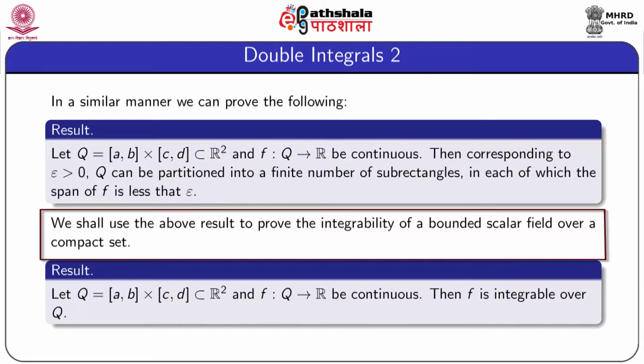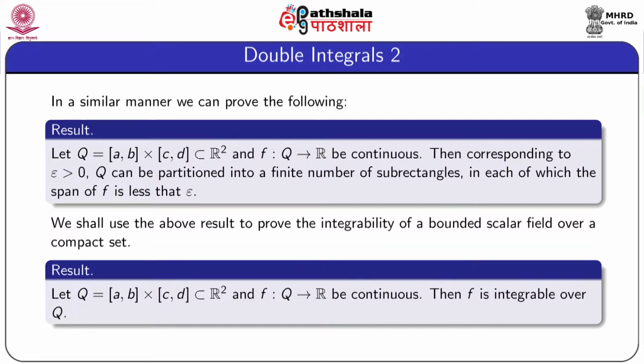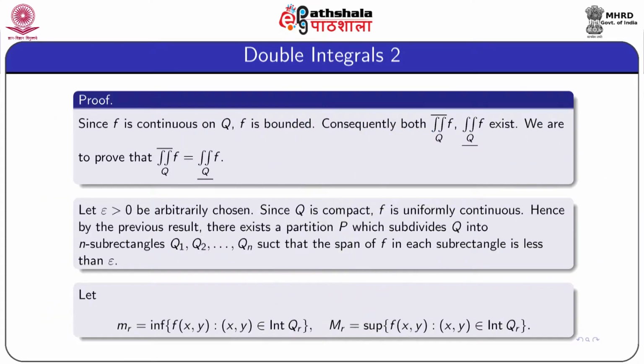We shall use the above result to prove the integrability of a bounded scalar field over a compact set. Let Q equal to [A,B] Cartesian product [C,D] and F from Q to R be continuous, then F is integrable over Q. Since F is continuous on Q, F is bounded. Consequently, both upper and lower integral of F over Q exist.